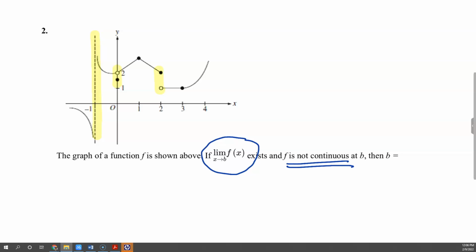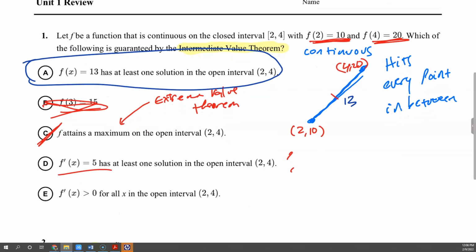Wait, but on number one, how did you cross off D? Because the slope of the line is 5. So does it not have to? The derivative has to equal the... No. Yeah, but then wouldn't it have to hit 5 at some point along the chain? Oh, okay. Actually, Tyler, awesome.